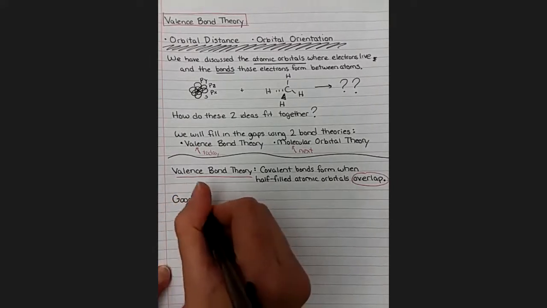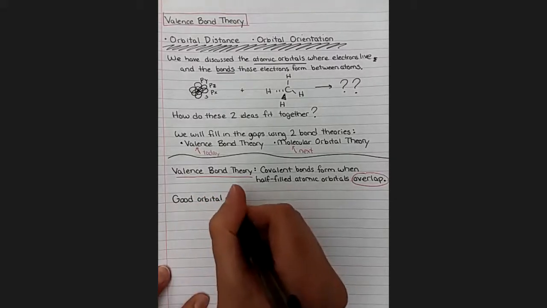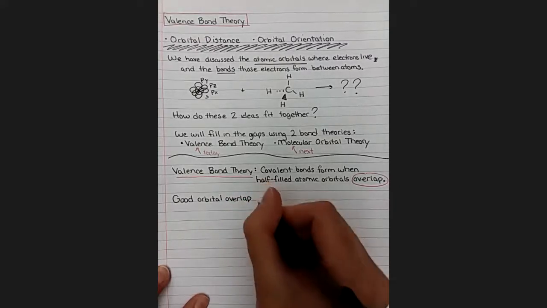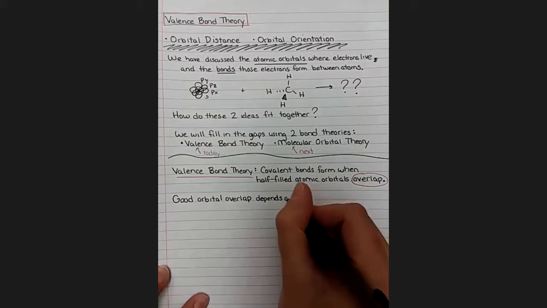And we need several things to be true in order to achieve good, high quality, strong orbital overlap to make a strong bond. So it depends on 3 things.